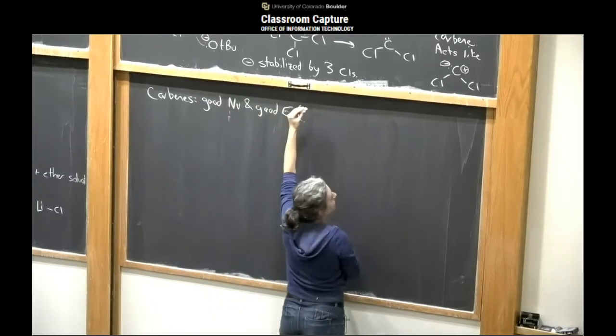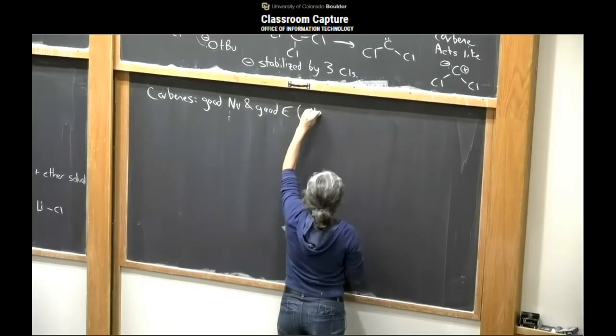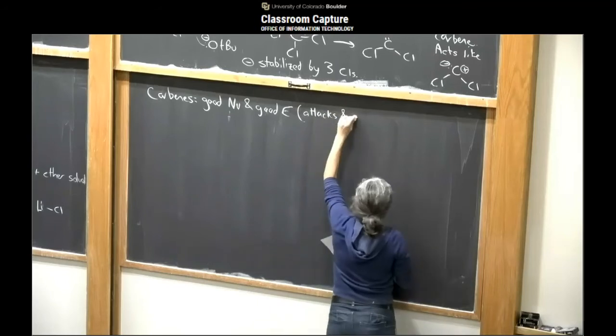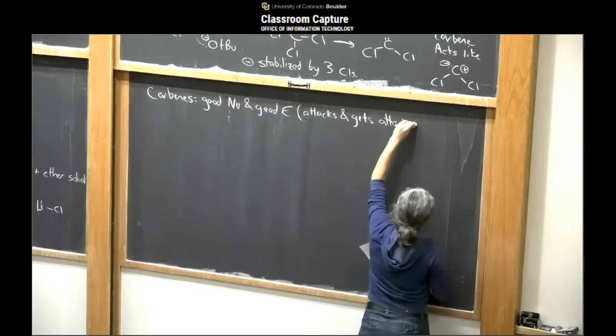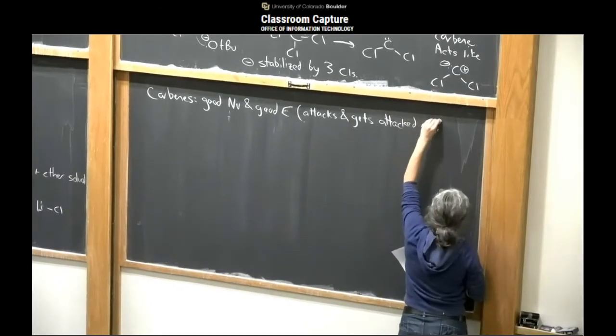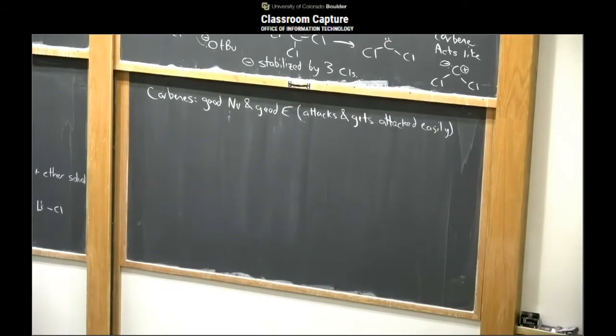So very attacky and very attackable. Okay, so we can actually take advantage of these behaviors by introducing it to some other functional group that we've already seen in previous reactions that gets attacked by something at the same time that it's back attacking onto that same atom.